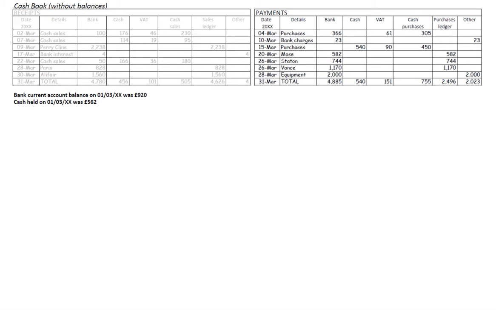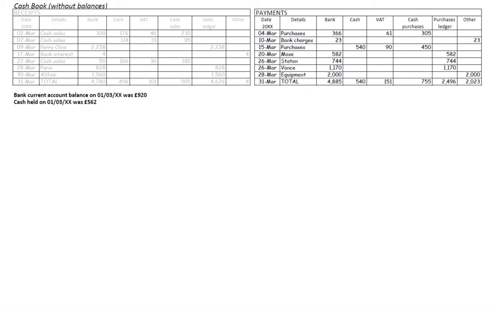Now, when we look at the payments, we've got several columns. The first two, the bank and the cash column, tell us where the money that was used to make these payments has come from, whether it's come from the bank or whether it's come from our stock of cash.